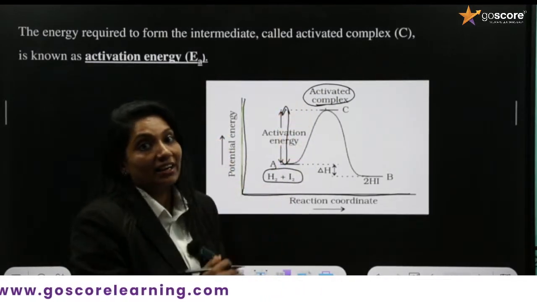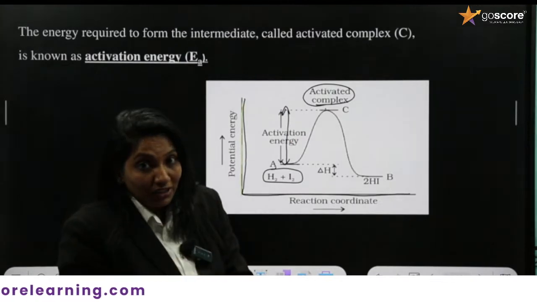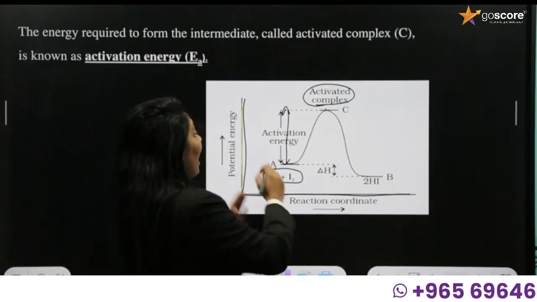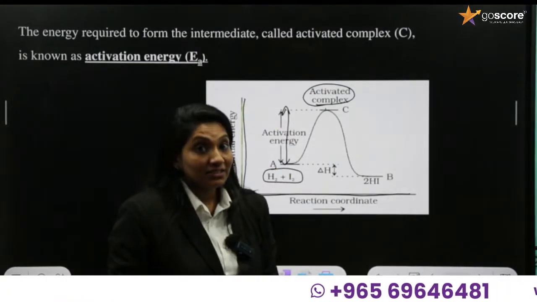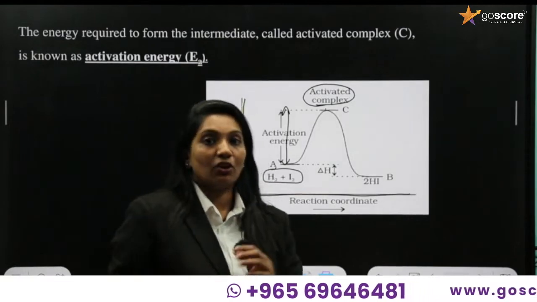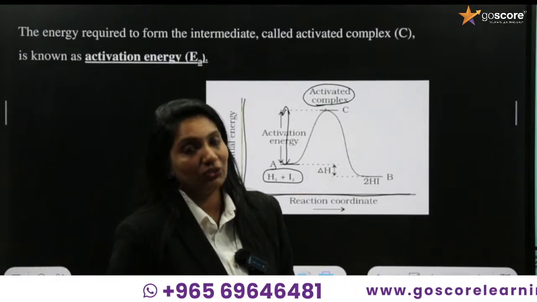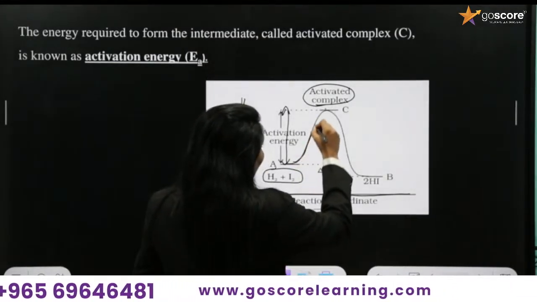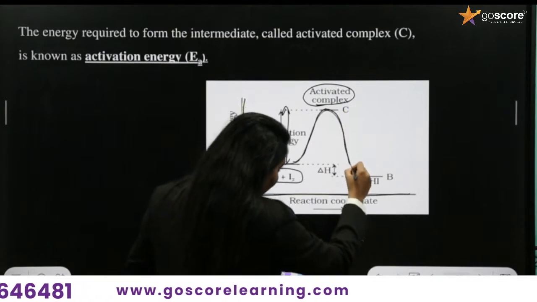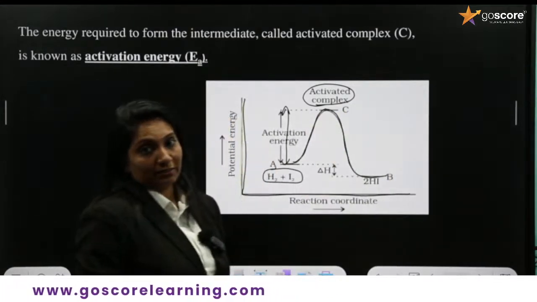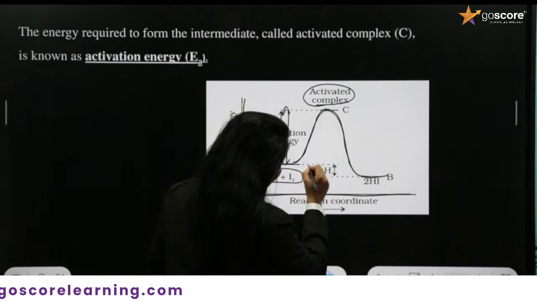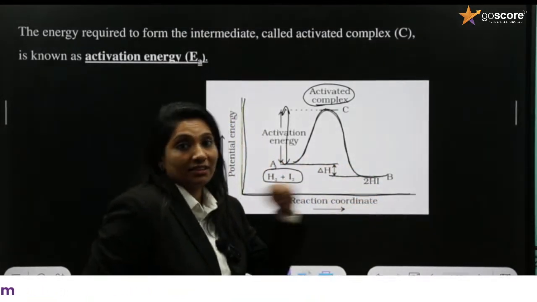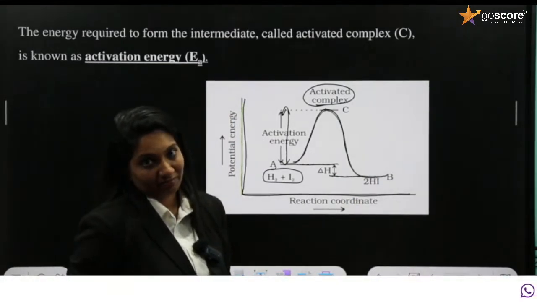That difference in energy between the reactant molecules and the activated complex is what we call the activation energy. Once the reactant attains this activation energy, then only the reaction will proceed to give the product, right? So we can see that the graph will be like this, and then it decreases to form the product. Here you can clearly see that the potential energy of the reactant is lesser than that of the product. Okay.